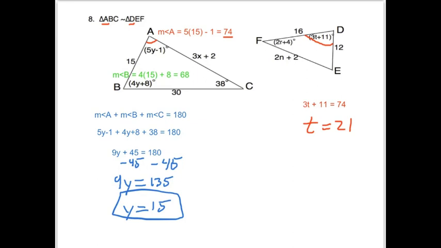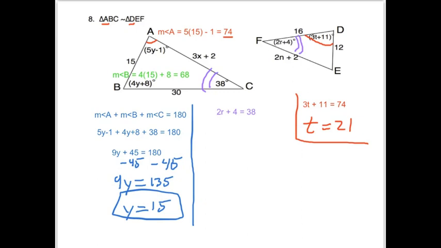Now we can do the same thing for r. I see r is related to angle F. Now F corresponds with angle C. Since those angles correspond, they must be equal. And so now we can say 2r plus 4 equals 38.